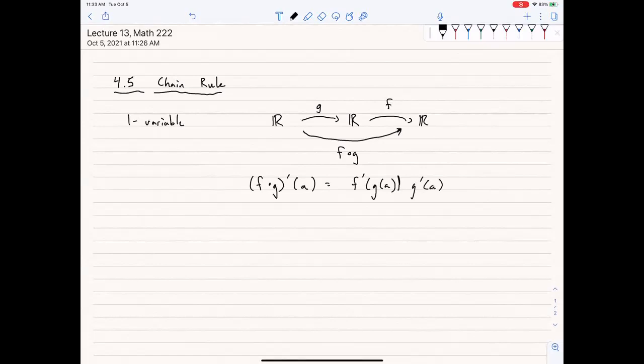The way to think of that is that there's sort of a commutativity of derivatives. So if we have a point A here, A is an element of the domain, and this is sent to its value, G of A. If I start here and I take the derivative, then I get a function, which I can think of as multiplying by the derivative.